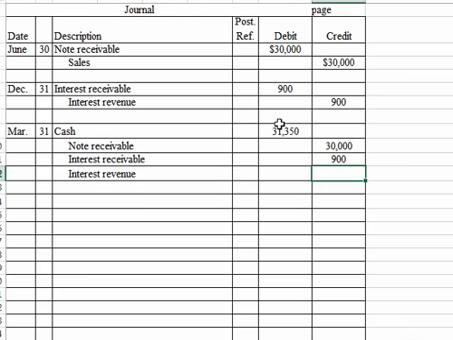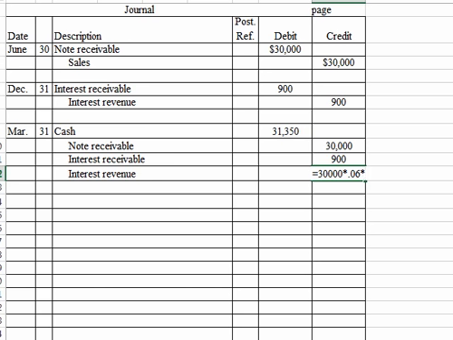Well, you could say the 31,350 minus these two, or you could say 30,000 times 0.06 times 3 months out of the, let's see, it's the 3 months in the new year.